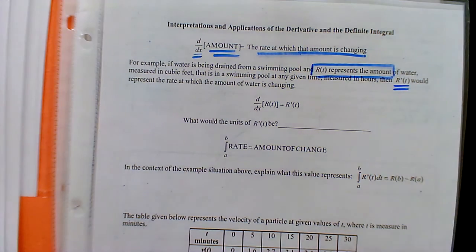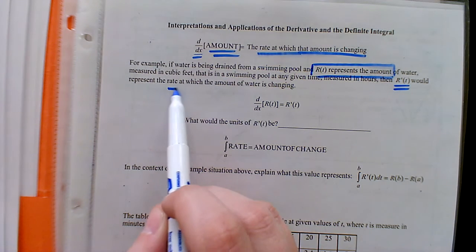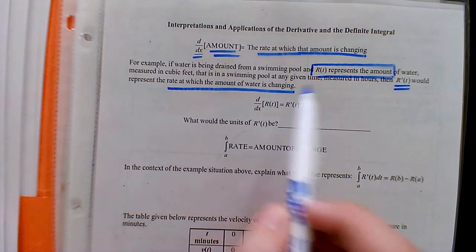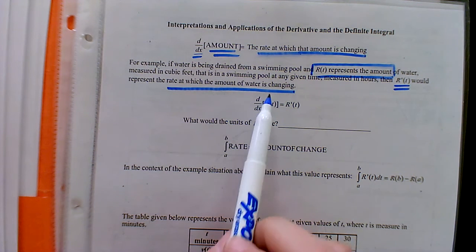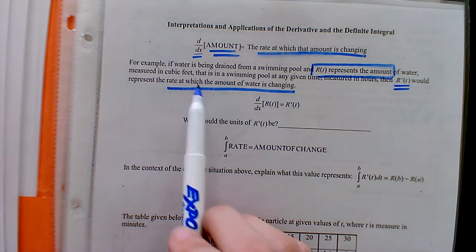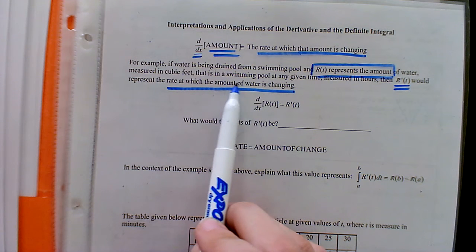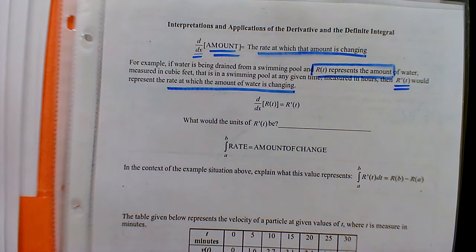Then the derivative of R would represent the rate at which the water is changing. Remember, we had all those different connections between derivative and original function. If the derivative is positive, the original function is increasing, right? So if the derivative is positive, the rate at which the water is changing is increasing, so you're gaining water. All those different relationships are still true.